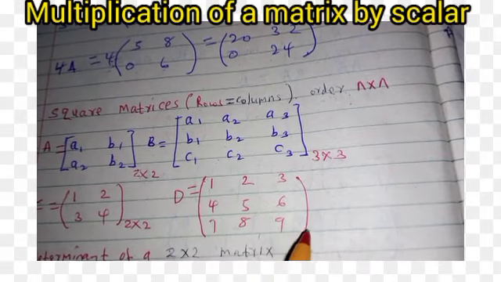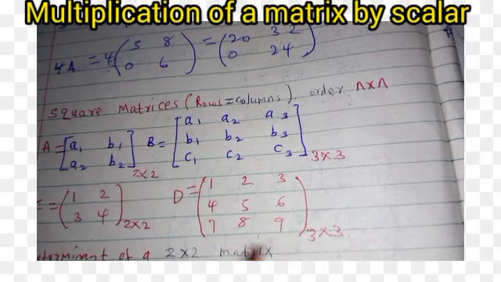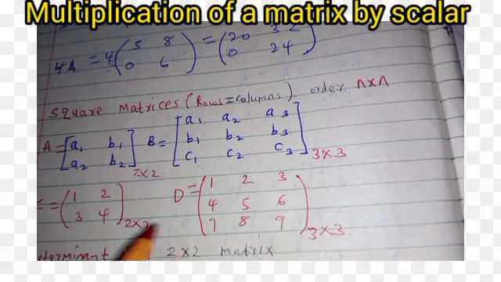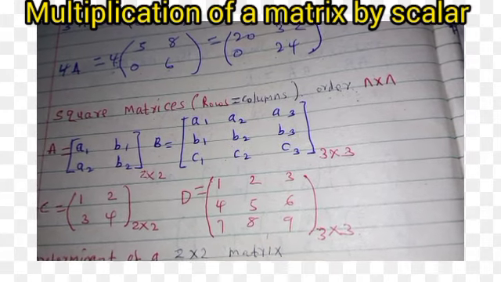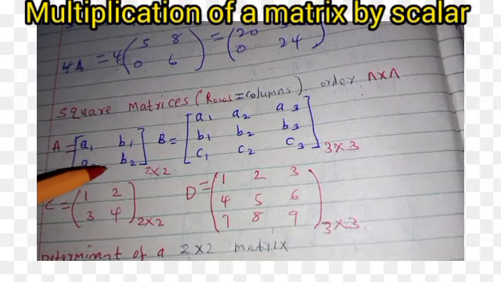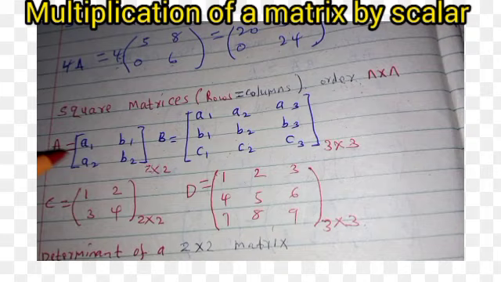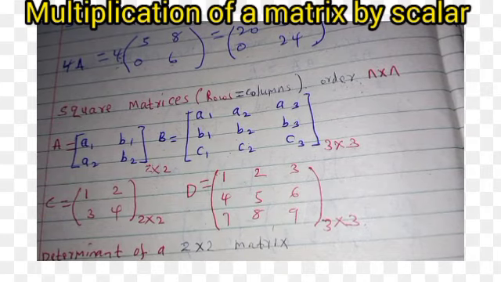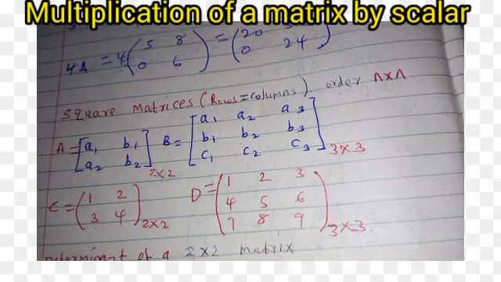So it is a square matrix of order 3, 3 by 3. Order is given by rows multiplied by columns. So to identify a square matrix, you just check the number of rows, and when it is equal to the number of columns, then that one is a square matrix.